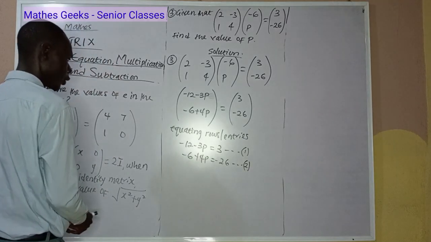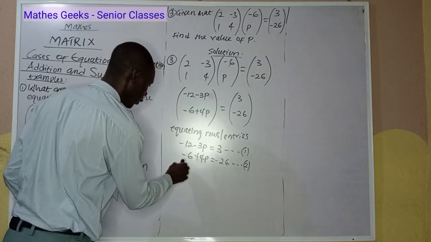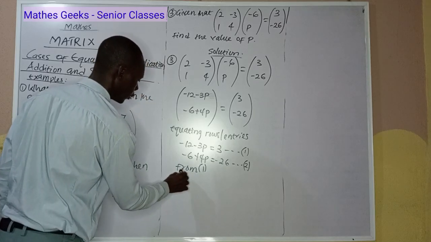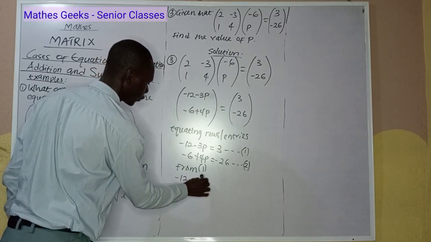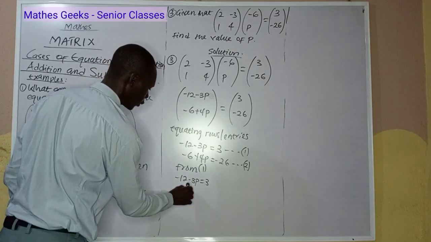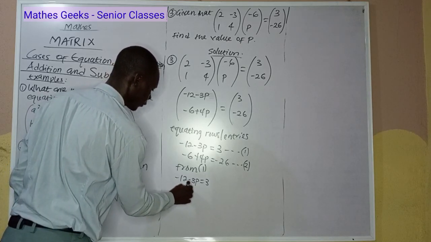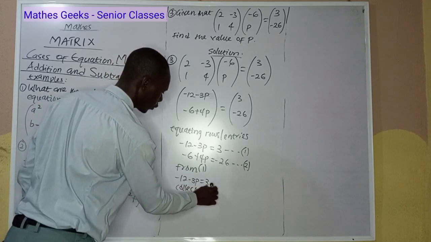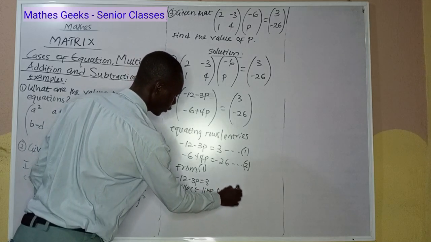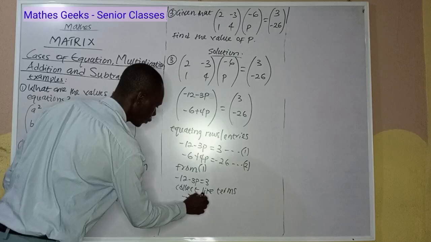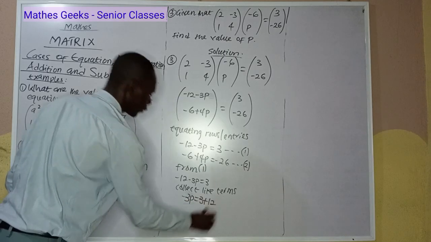So from equation 1, minus 12 minus 3p equals 3. Let's collect like terms. Minus 3p is equal to 3 plus 12.